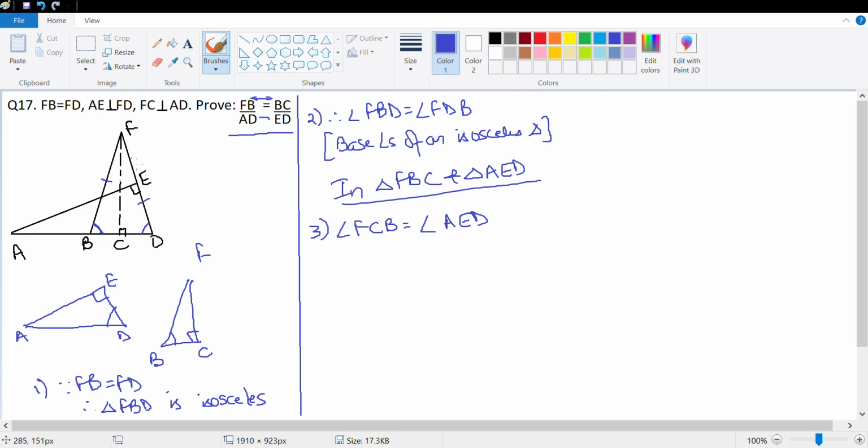Let's just check. FCB is equal to AED, right? This is equal to 90 degrees. This is given. And the next one, angle FBC is equal to angle ADE. This is from 2.